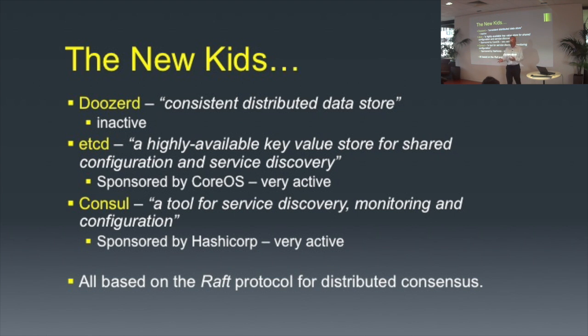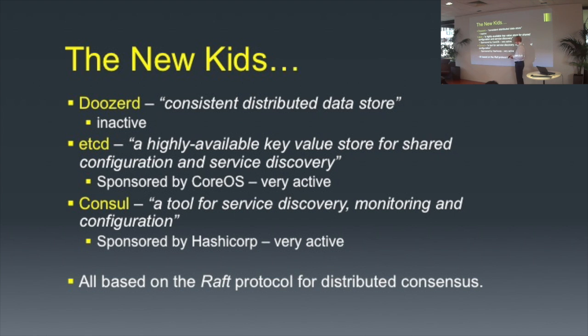When it came to implementing Paxos, it's very arcane, very complex, and no two implementations look the same. And what they said was, well, let's come up with a new protocol that they called Raft, which is pretty close to Paxos. There's a couple of edge conditions that it possibly misses, but it's good enough. And more importantly, it's understandable, and most people can implement it. So Raft has been implemented.